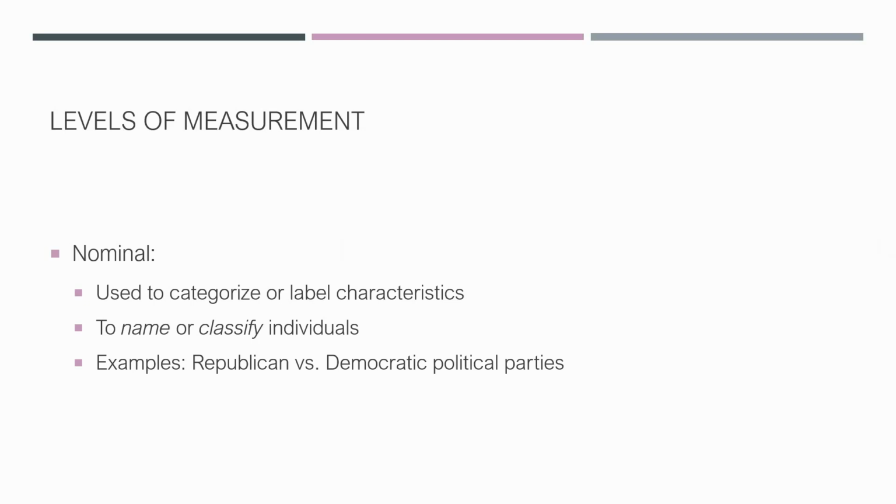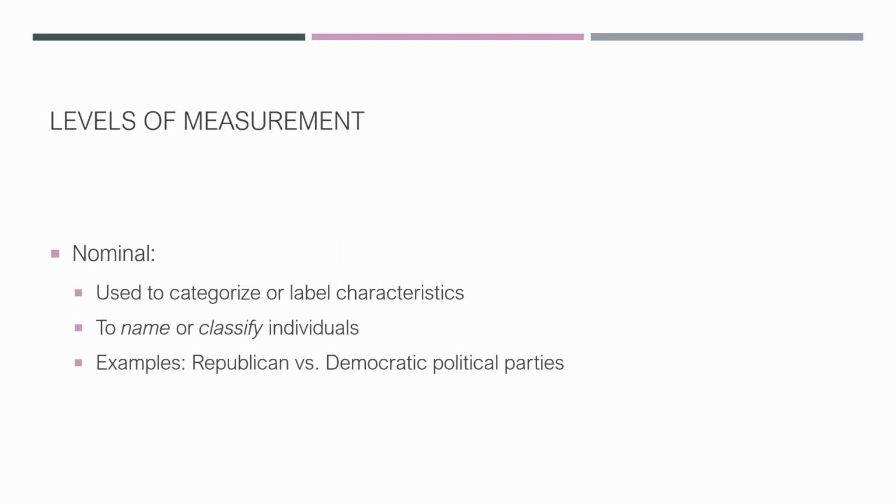Whether you belong to the Republican Party or the Democratic Party or any other third party that might exist, the sole purpose of a nominal variable is just to say you belong in group A and you belong in group B or group C. All we know at this point is that individuals differ in their category membership, and that is it. That is all we know.